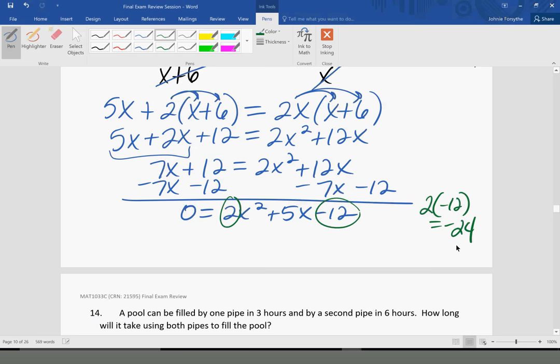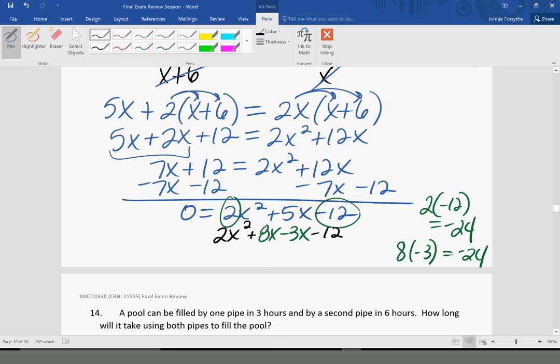So those 2 numbers, let's see, 8 and 3. So 8 times negative 3 is negative 24, and then 8 plus negative 3 is positive 5x. So I'm going to use those 2 numbers to rewrite 5x and say that is 8x minus 3x. And then I'm going to rewrite 2x squared and minus 12.